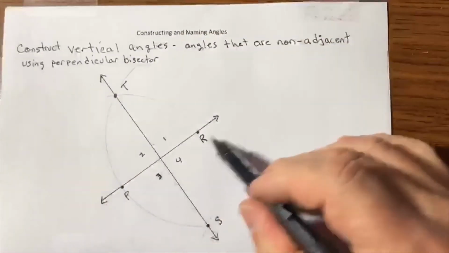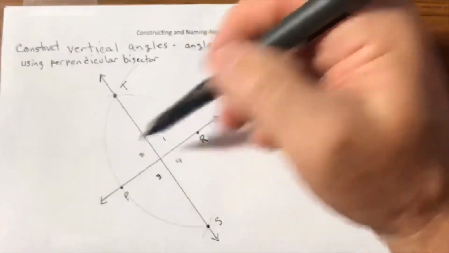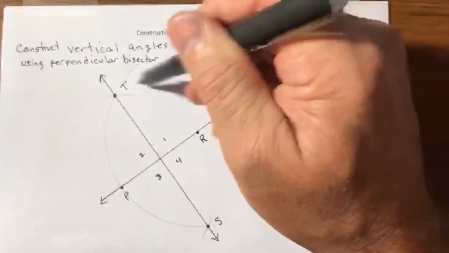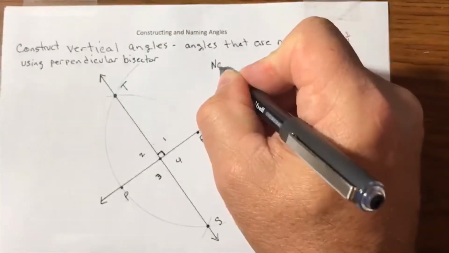Alright, so we had a line, and what we did is we bisected this line. And how you do that, I just showed you, where you draw your arcs until they intersect above and below the line.